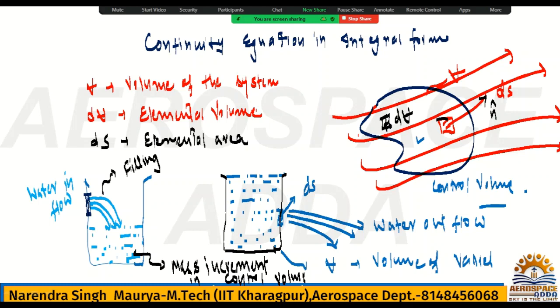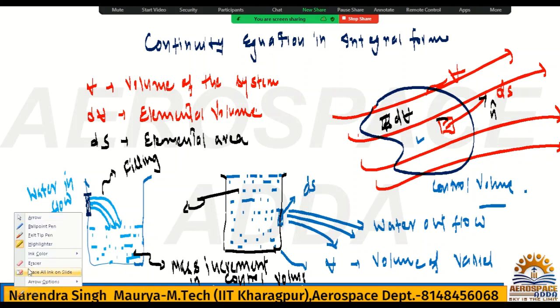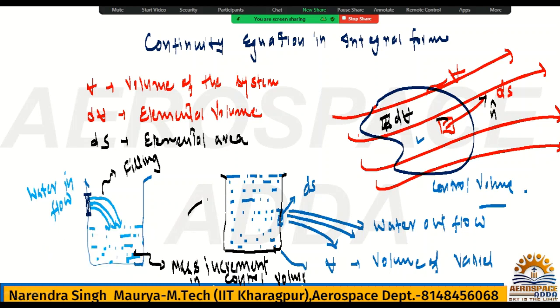Okay. And here water is going out. So what will happen here? Tell me. Simple. Mass decrement in control volume. Yes or no? It's a very simple, common thing. All right. Now, based on this, you have to draw, because continuity equation is what?